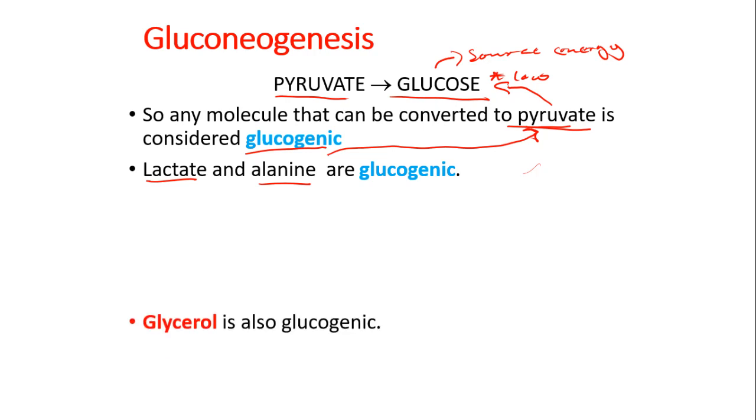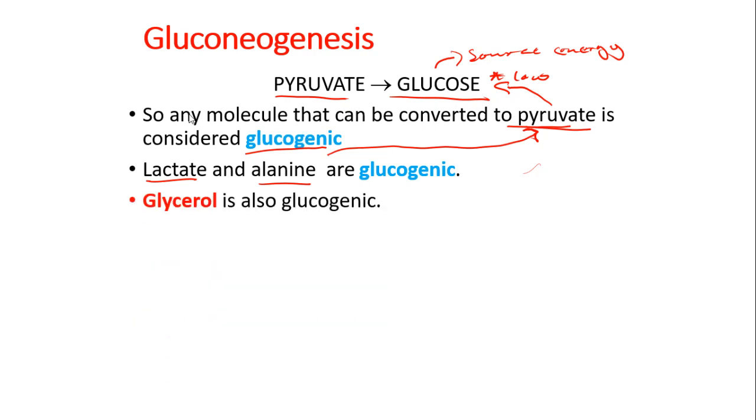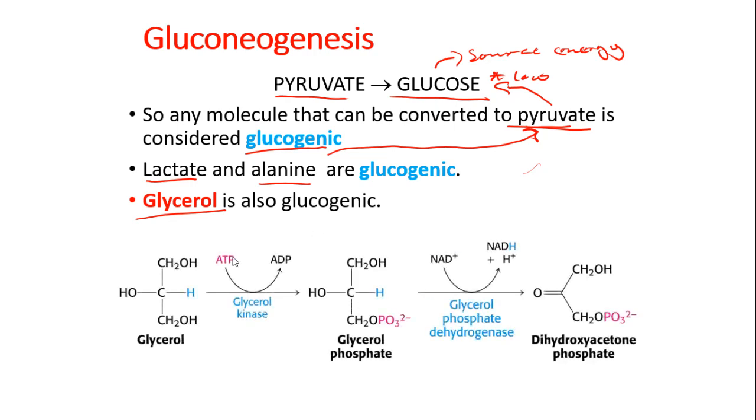Now, it is not only lactate and alanine which are glucogenic. We also need to understand that glycerol is also glucogenic, such that glycerol can be converted to glycerol phosphate.